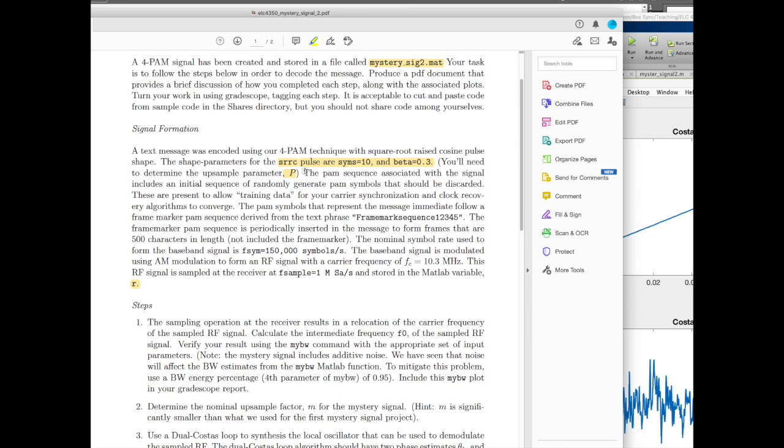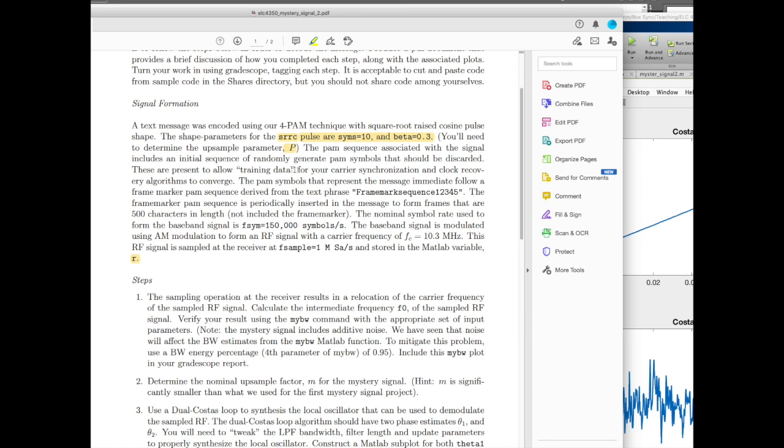All right, so what we have here is I start with some randomly generated PAM symbols that serve as training data. That's at the front end of the things that you're trying to decode, and that's to let all the algorithms converge, so you can extract the real signal. We have 5 blocks, and each block has this framework sequence that you need to detect.